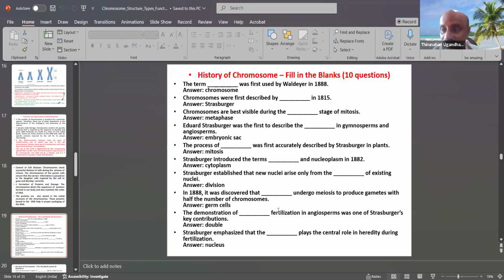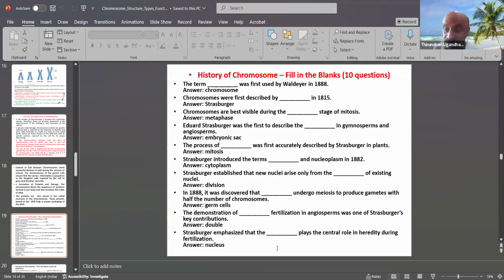double fertilization, also called, then also the identification of the chromosomes. Then the demonstration of fertilization by double fertilization. Strasburger emphasized that the nucleus plays the central role in heredity during fertilization. So without the nucleus, the chromosomes are not there.